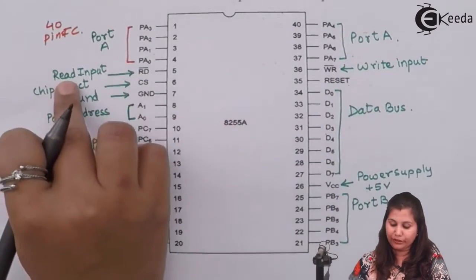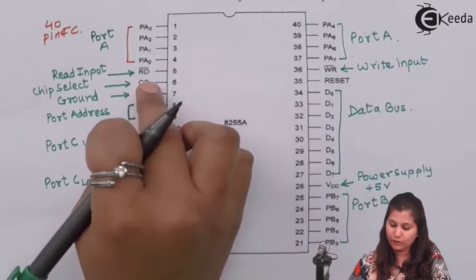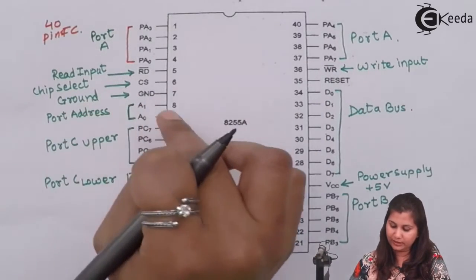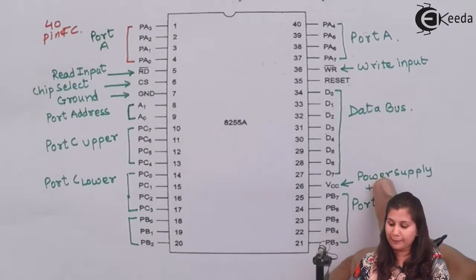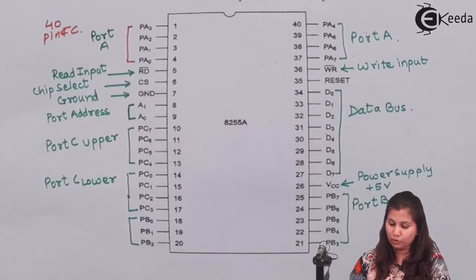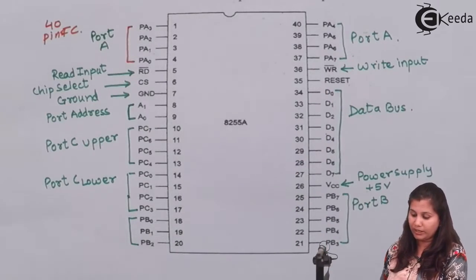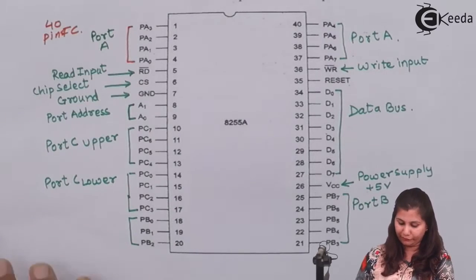RD is for the read input, WR bar is for the write input. Then chip select, then ground. Ground and VCC are the power supply pins, and reset is there. Okay, so let us study the description of all the pins of 8255 one by one.